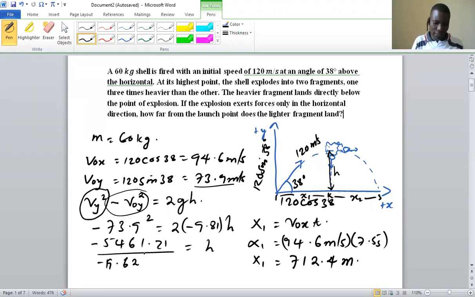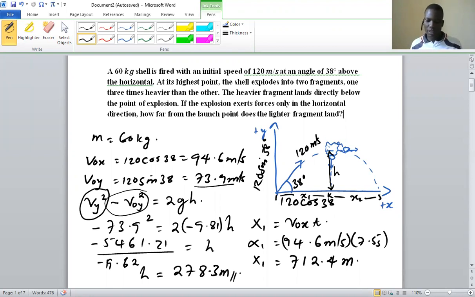So that will give us our height, which is going to be 278.3 meters. Okay, so that is the height that we've gotten.